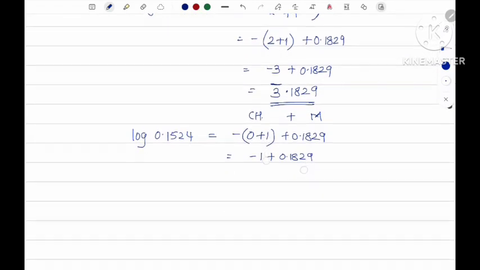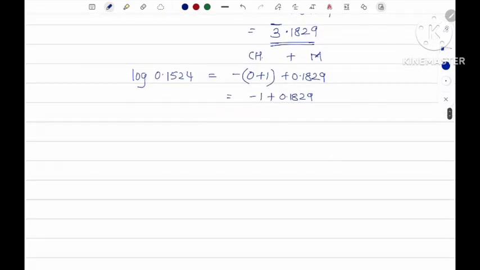We can write it in two ways. We can write it as 1 bar 0.1829, or we can write it by subtracting: minus 1 plus 0.1829.